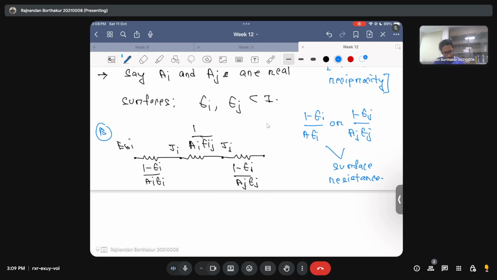Okay, so then this node will correspondingly be equal to EBJ, and these are the extra resistances that basically come into the picture.